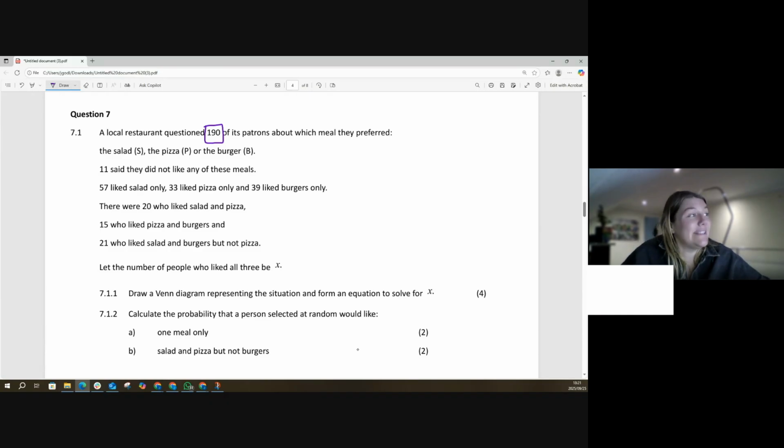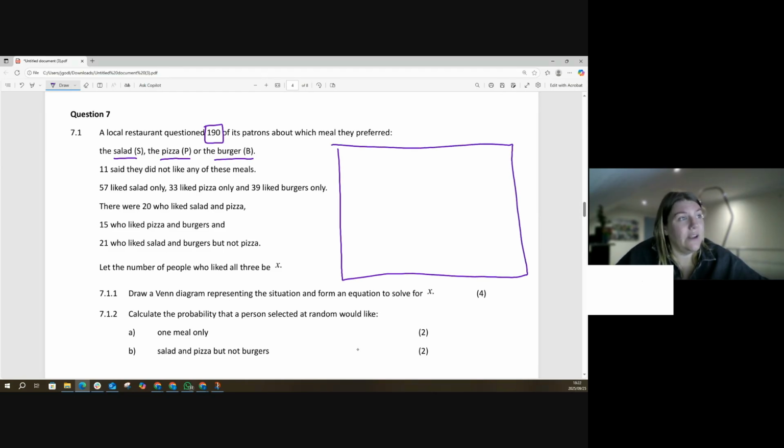So we have salad, pizza, or burger. 11 did not like any of these meals. 57 liked salad only. 33 liked pizza only, and 39 liked burgers only. There were 20 who liked salad and pizza, 15 who liked pizza and burgers, and 21 who liked salad and burgers but not pizza. Let the number of people who liked all three be X.